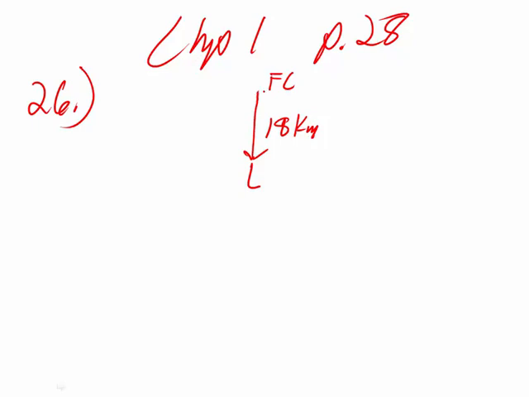So 31 kilometers, that actually needs to be a little longer, and this is Greeley over here. So Loveland is 18 kilometers due south of Fort Collins, and 31 kilometers due west of Greeley. What is the distance between Fort Collins and Greeley?